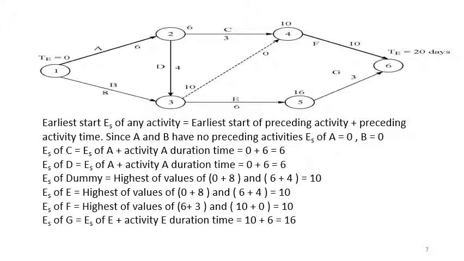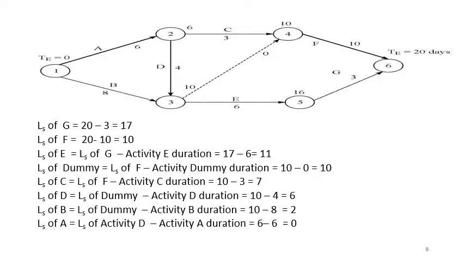Now similarly, we calculate the latest start from finish to the start. If we start calculating the latest start now, 20 minus 3 for G will be 17. Similarly, 20 minus 10 will be 10. So latest start of G is 17, latest start of F is 10.